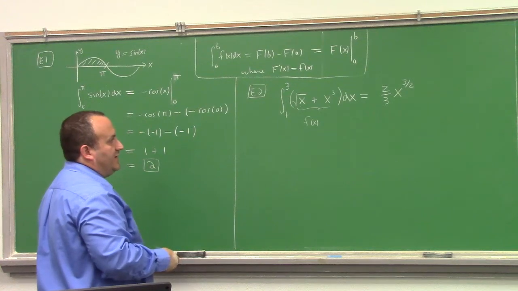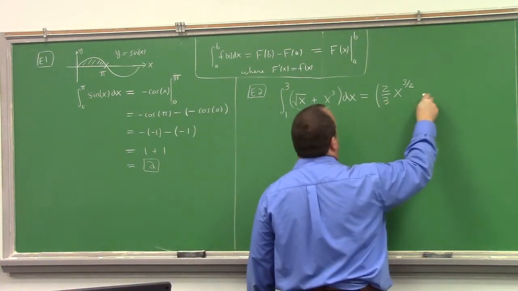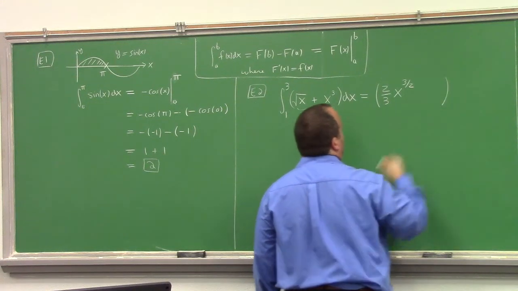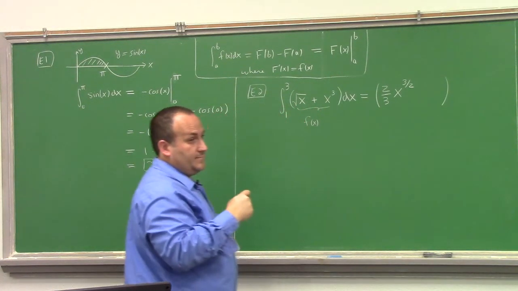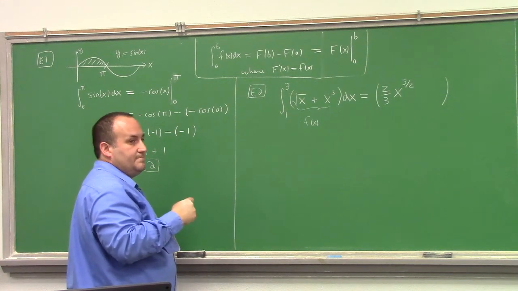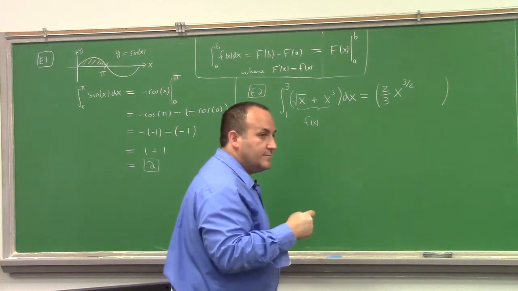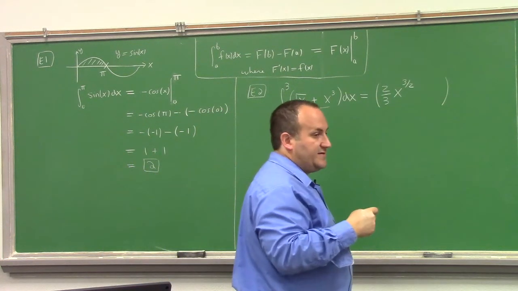What's the antiderivative of x cubed? You guys can do that one. That one's easier, right? Three x squared would be the derivative of x cubed.